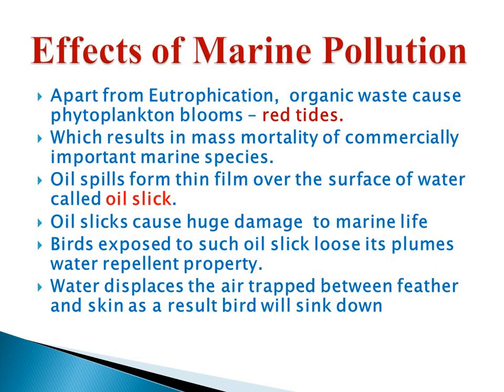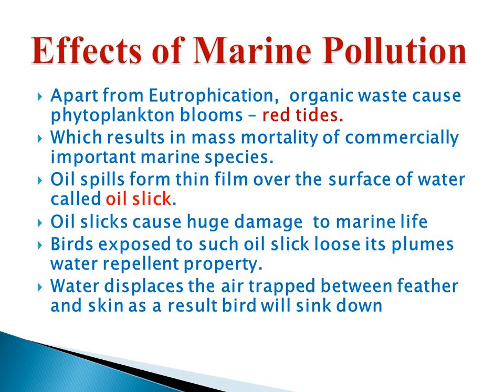Usually while we think about the effect of marine pollution, we think about eutrophication. But apart from eutrophication, organic waste causes phytoplankton blooms, which are generally called red tides. Phytoplankton blooms carpet the surface of the marine water, and it gives the appearance of red tides.